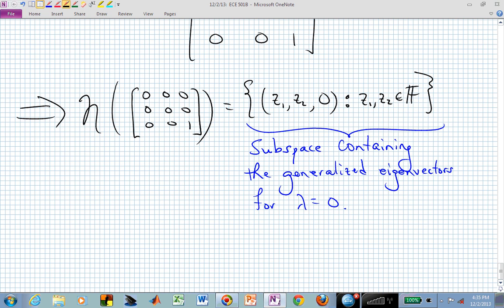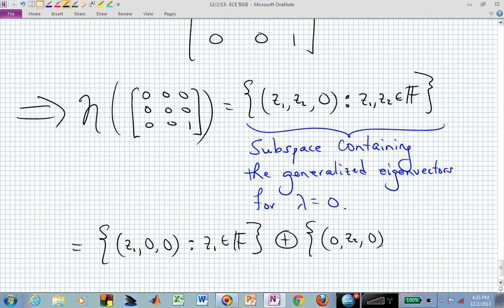So we could say you could also write that as this vector z1, 0, 0, such that z1 is an element of F, plus 0, z sub 2, 0, such that z sub 2 is an element of F. And that's the same way of describing that two-dimensional subspace. Now we've written it as a direct sum decomposition, but it's associated with this same eigenvalue, lambda equal to 0.